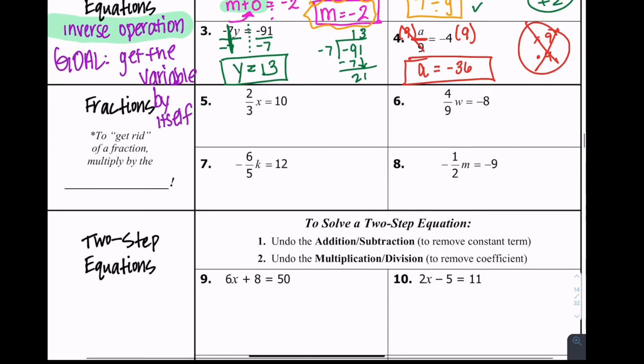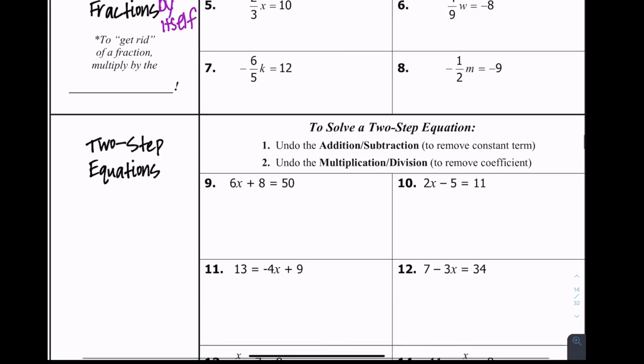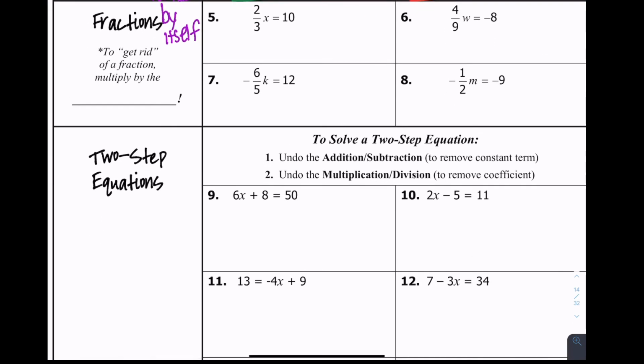This next section is not new, but a lot of us forget it. I want you to all look over here. To get rid of a fraction, I'm going to multiply by the reciprocal. Okay? So I'm looking here at number 5.